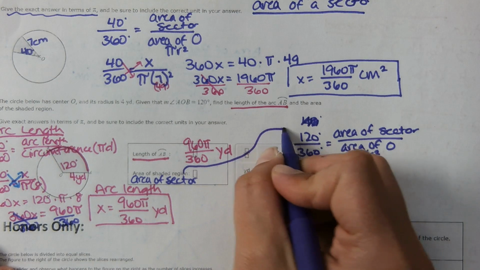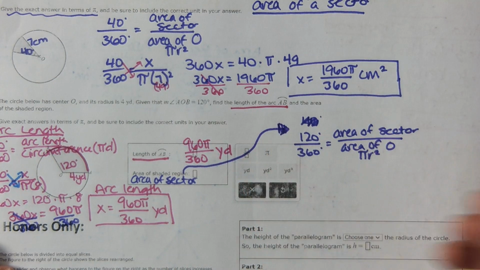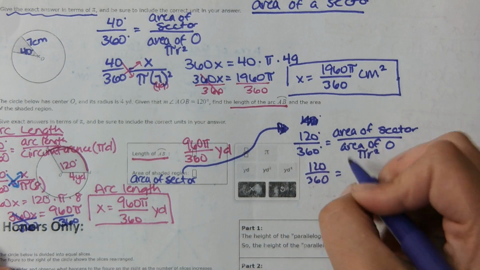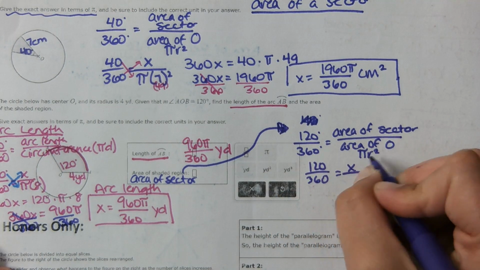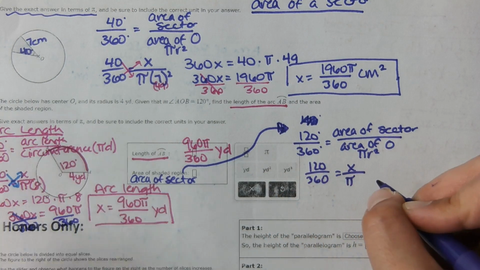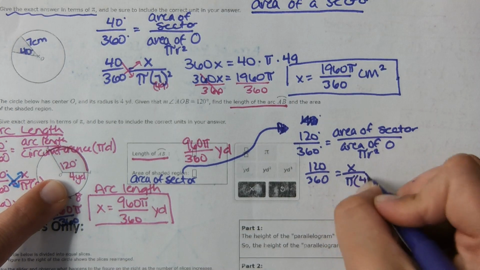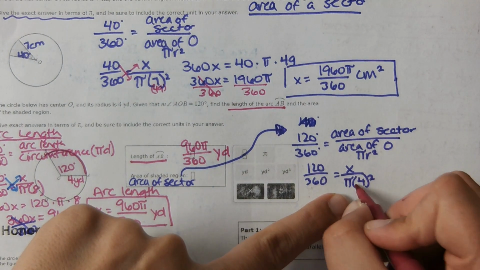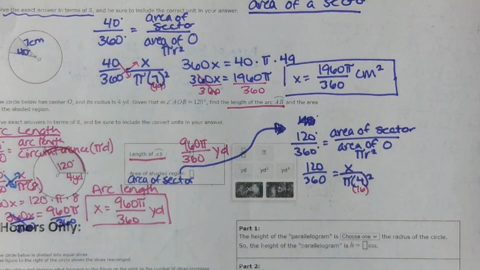So these equations are over. Okay, so then 120 over 360 equals area of the sector is what I'm solving for, over area of the circle, pi r squared. The radius is 4, so that'll be squared. Four squared is 16, so I'll make a note.